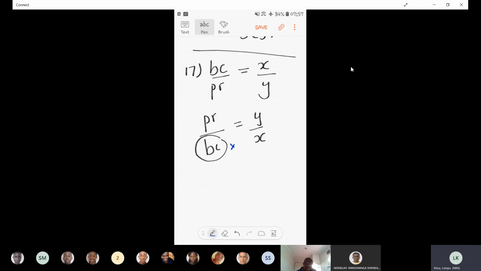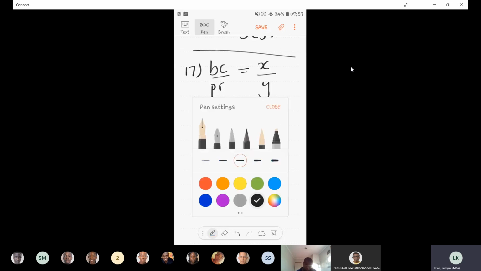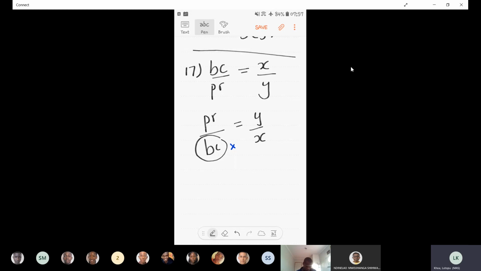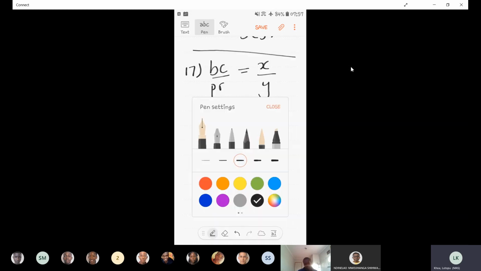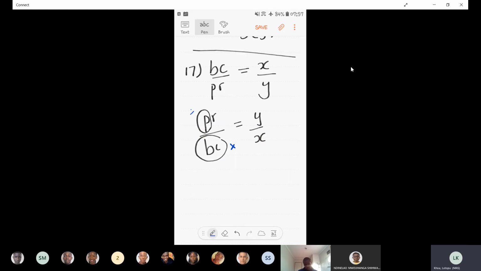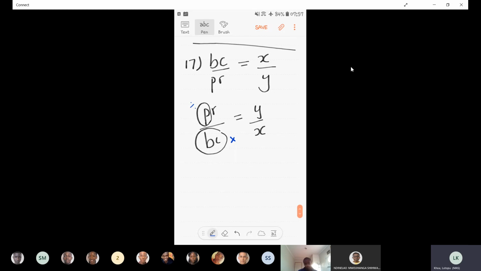So this one here is going to multiply on both sides, and this P is going to divide on both sides. So I know what I need to do. I can do both steps in one.